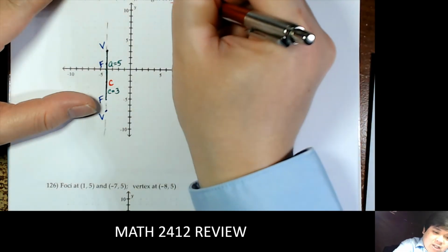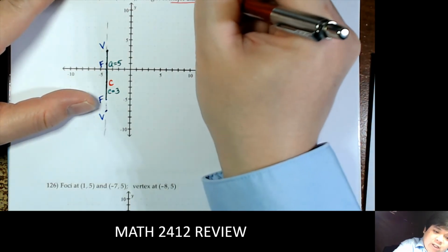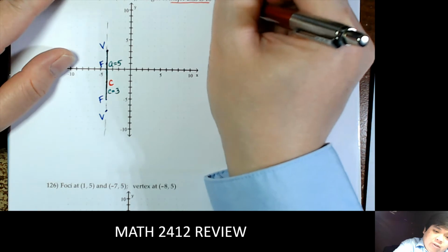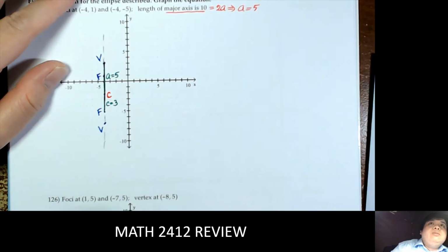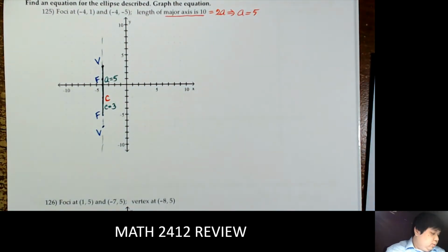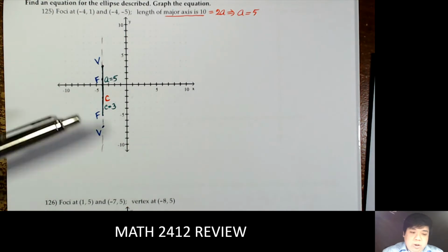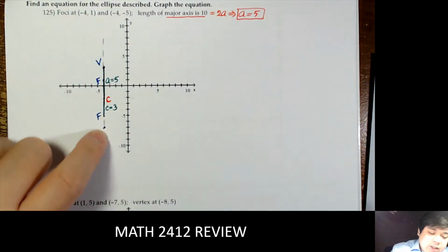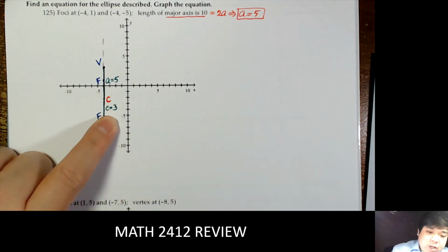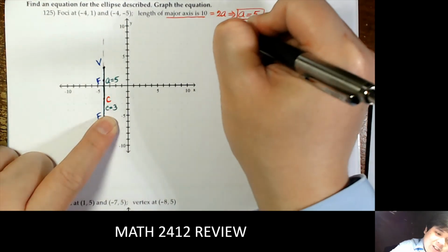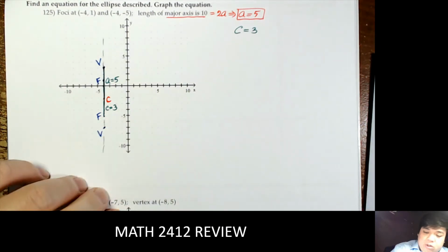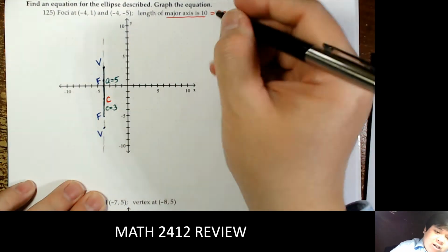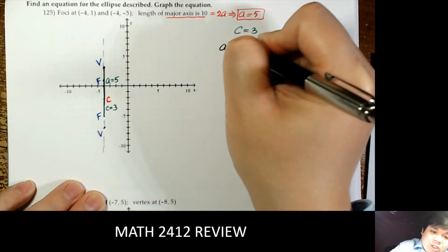So the length of the major axis is going to be 2A. So A is 5. And we see on the graph that C is 3. And then we just find B, because A is the longest one and stands by itself.